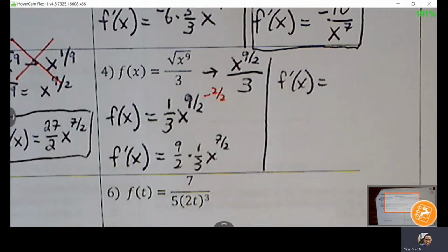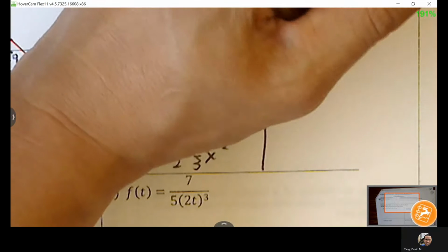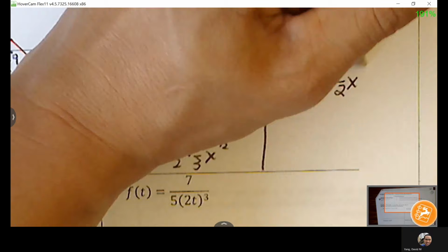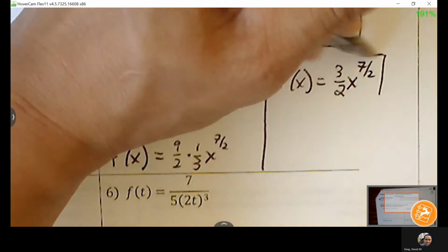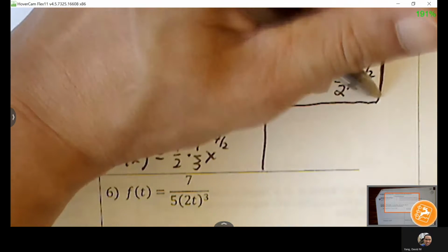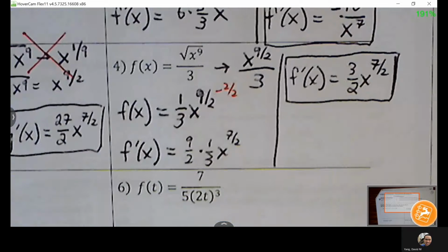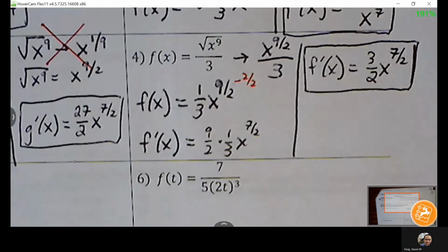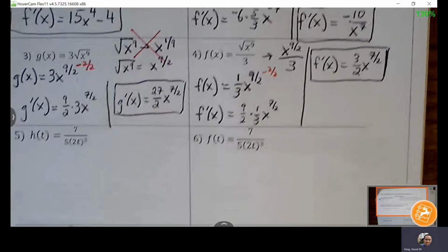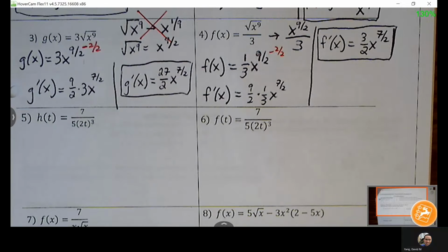Do a little bit of cleanup. 9 and 3 can reduce. We get 3/2. Okay, questions so far?